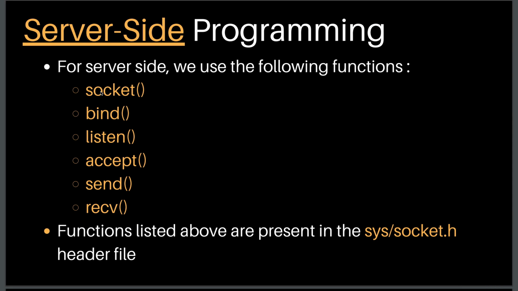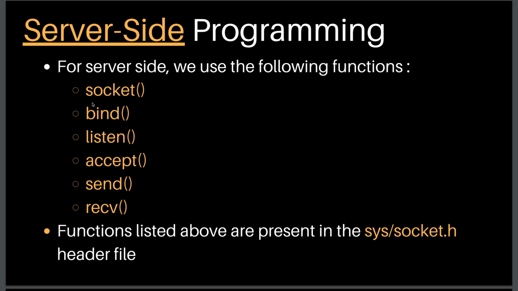First of all, let's have a look at the server workflow in socket programming. For the server side, we use the following functions, and all of these functions are present in the sys header file, and we have to include this header file before using any of these functions listed over here.